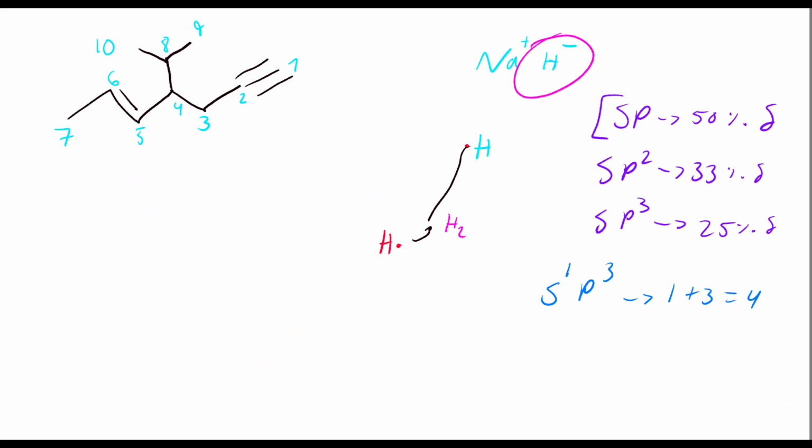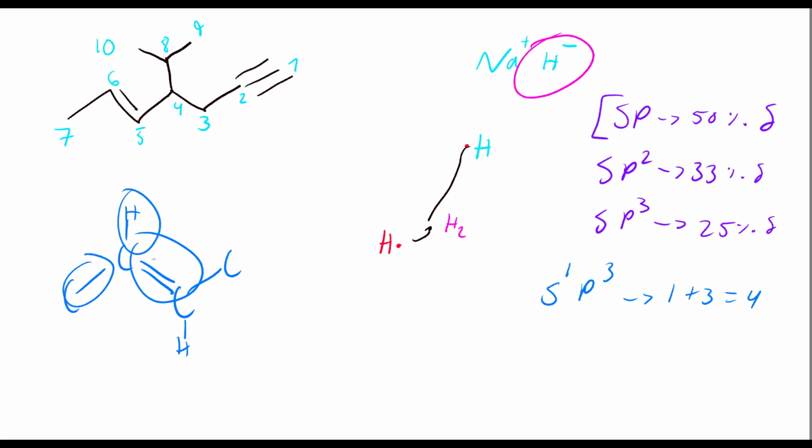Alright, so let's see 6 and 5. For number 6, we have a carbon with a double bond to another carbon. This has 3 hydrogens, and we're only focusing on this one. There are 3 things surrounding this carbon, because carbon always wants 4 bonds, and we already have 4 bonds: 1, 2, 3, and 4.